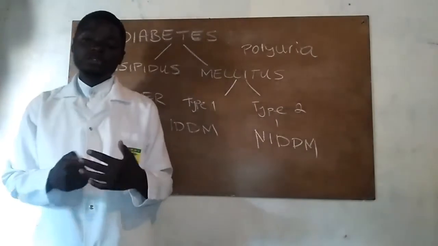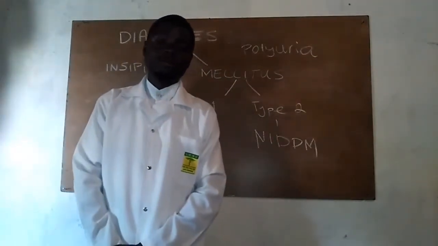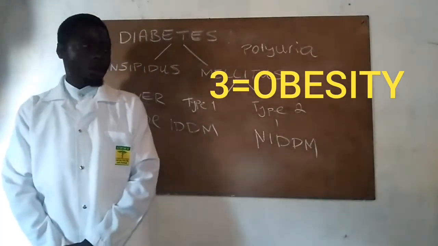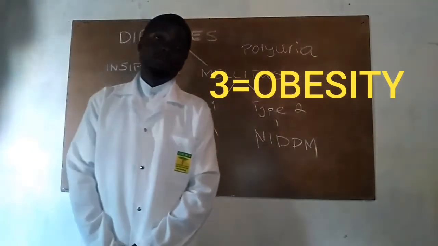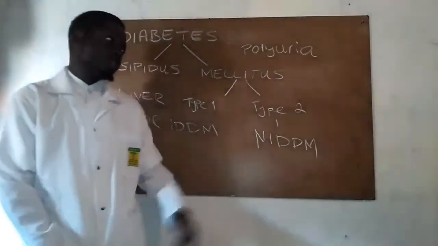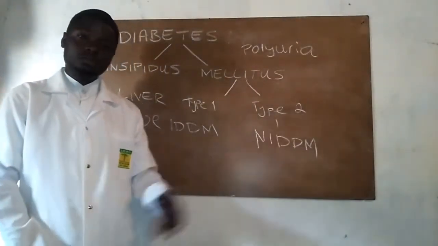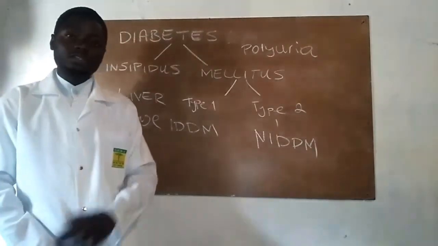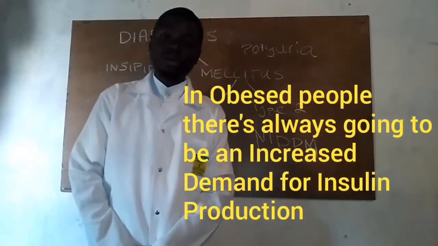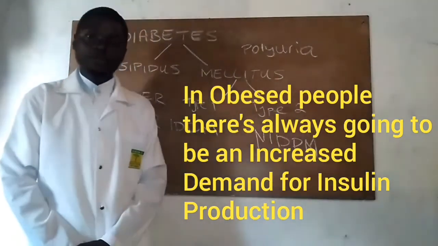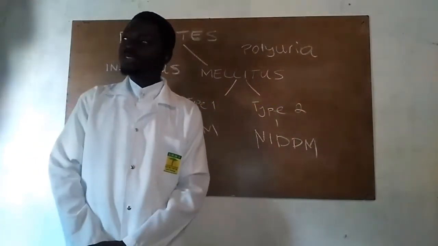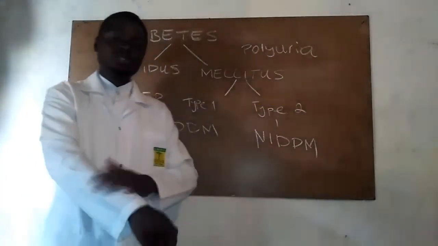The third predisposing factor I'd like to talk about is obesity. Well, we probably know that obesity can predispose someone to type 2 diabetes, and this is true. The reason being is that there is always going to be an increased demand for insulin production because of the increased amount of the adipose tissue.